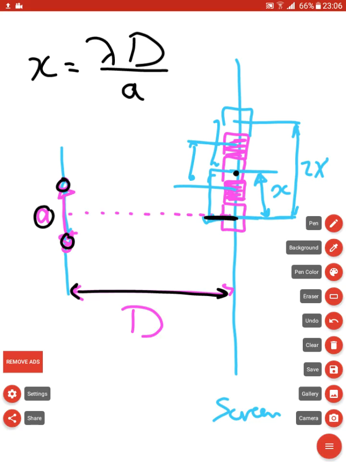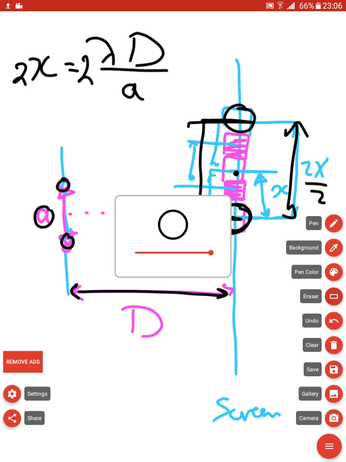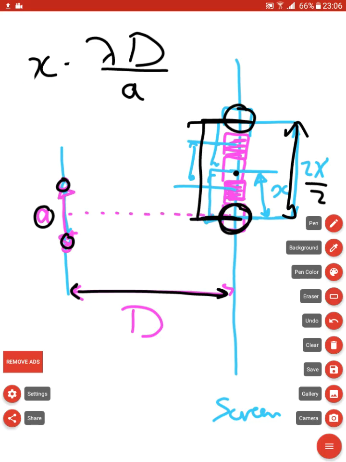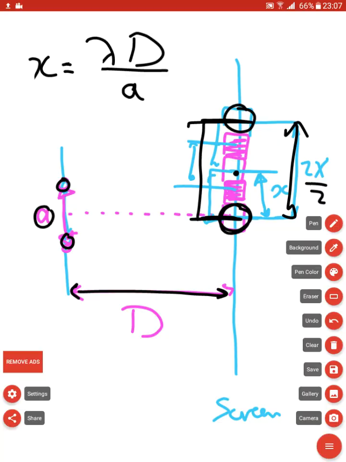If we take the position or the distance for the second fringe, 2x, we have to multiply by 2. If you're given the distance between the central bright and the second bright, so we have 2x, you may divide the distance by 2 to get back to your relation, which is x equal to lambda D over a.